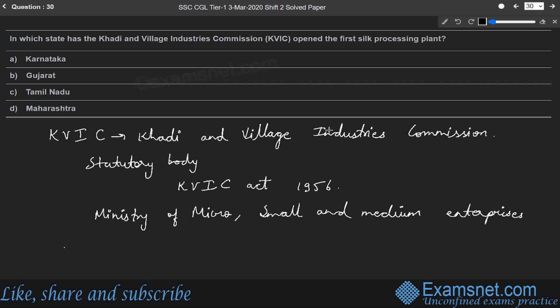KVIC opened the first silk processing plant in Gujarat. But do you know why the first silk processing plant was opened in Gujarat? It was to boost patola sari production.